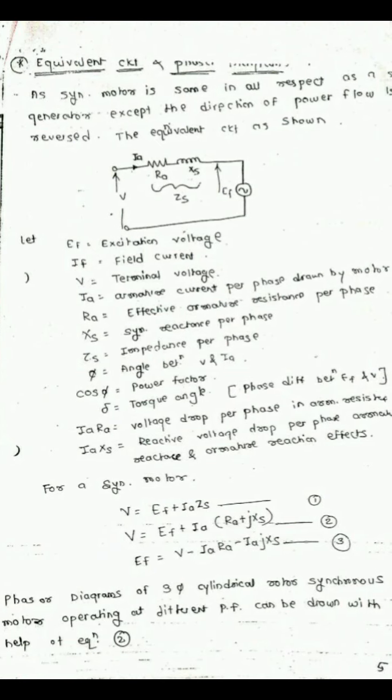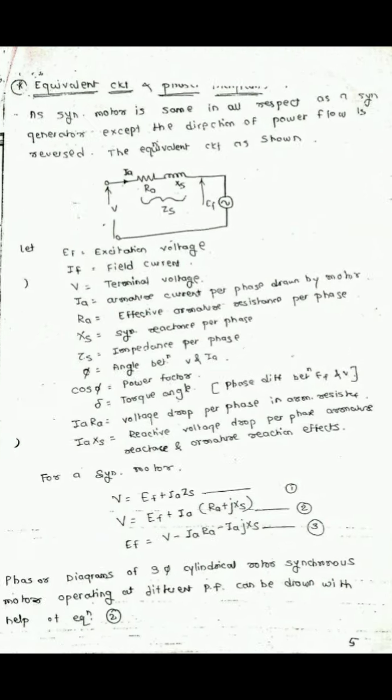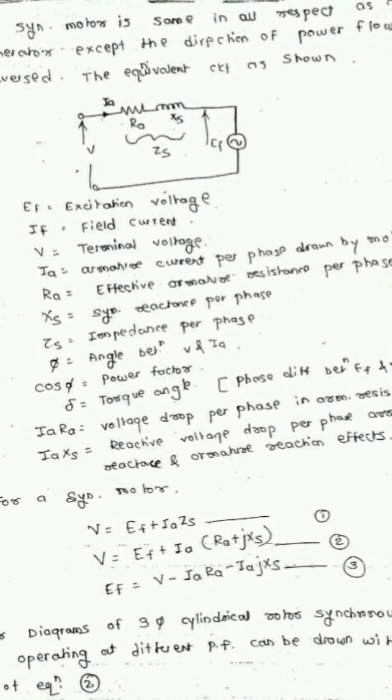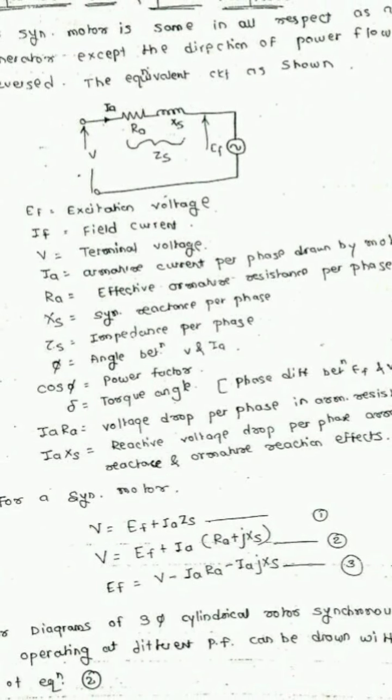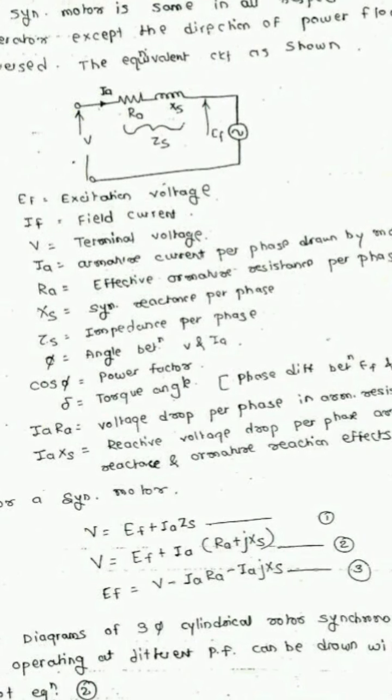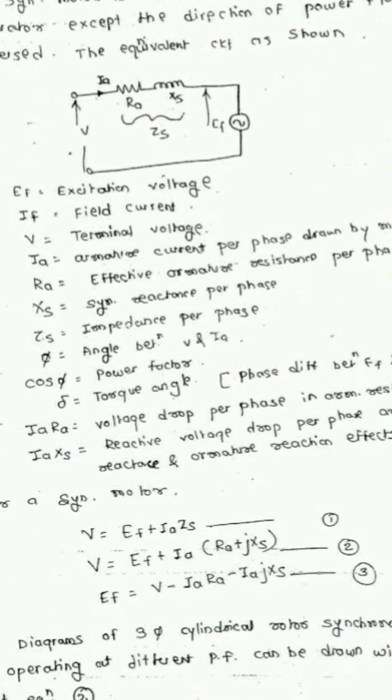For a synchronous motor, the fundamental equation, since this machine converts electrical energy into mechanical energy, is that the terminal voltage V is equal to the excitation voltage EF plus the armature current into the synchronous impedance of the circuit.